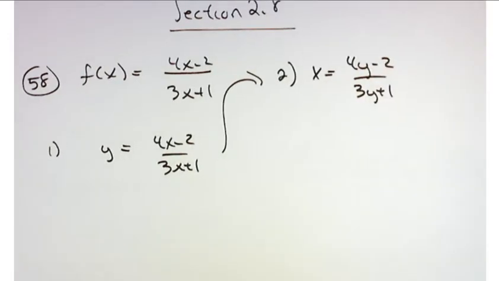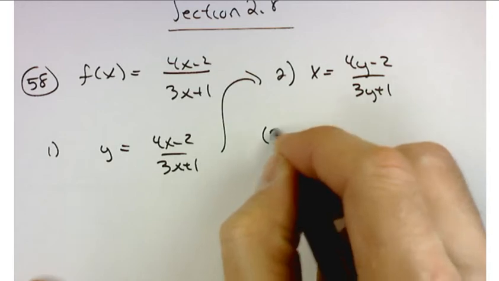So now somehow I have to figure out how to get y by itself, which looks like a daunting task. But in any equation where we have rational expressions we're trying to solve, I'll typically recommend that you get rid of the denominators. In this case, we can do that by multiplying both sides by 3y plus 1, so multiplying by the LCD.